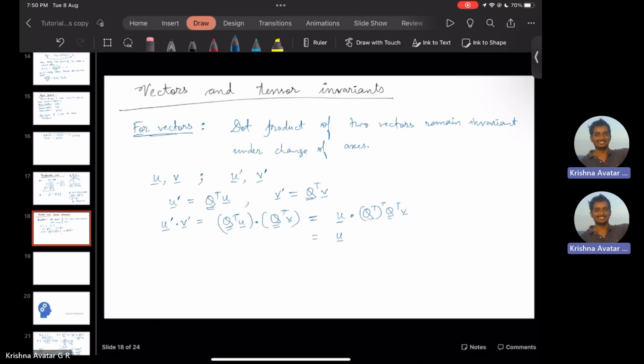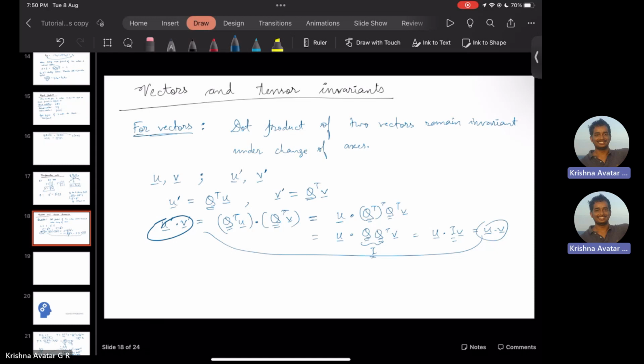So this becomes u, and the transpose of a transpose is the tensor itself. So Q Q transpose v, and this you very well recall is the identity tensor. So this becomes u dot I v, and identity when it acts on a vector keeps the vector intact, so you'll have just u dot v. So you saw that the dot product remains invariant under transformation.